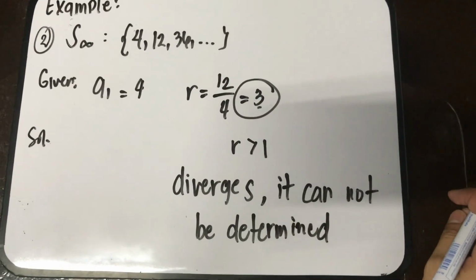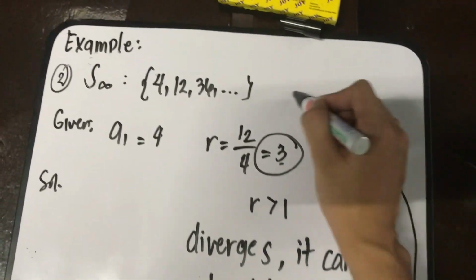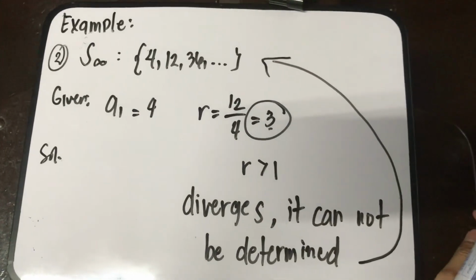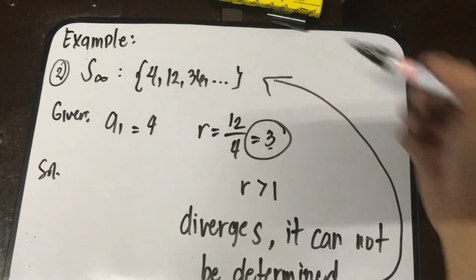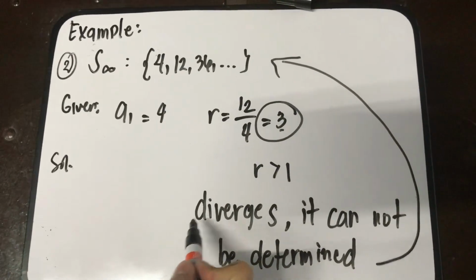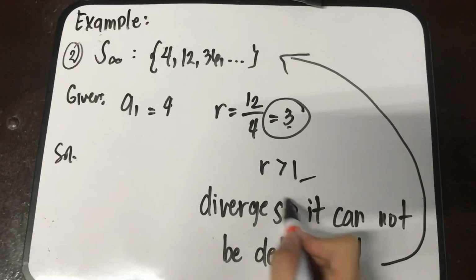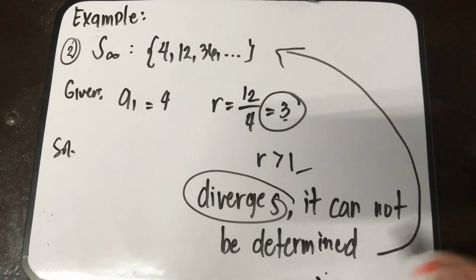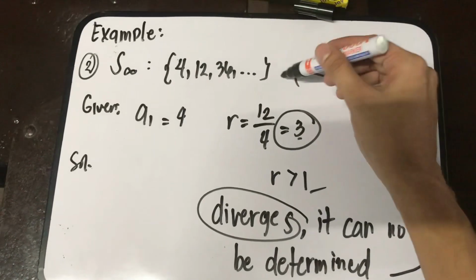Nakuha? Ibig sabihin, hindi natin makukuha yung sum of this infinite geometric sequence since the common ratio is greater than 1 and the series is diverge. So, this is your final solution in this problem.